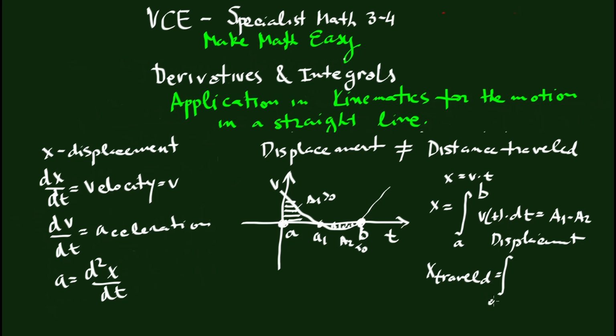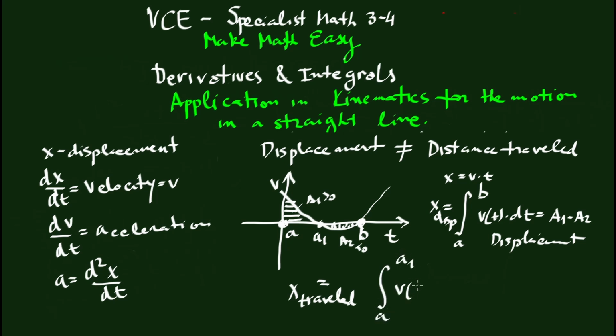So x traveled is the integral from a to a1 of v of t dt, plus the absolute value of the integral from a1 to b of v of t dt, so the distance traveled is a much greater number.